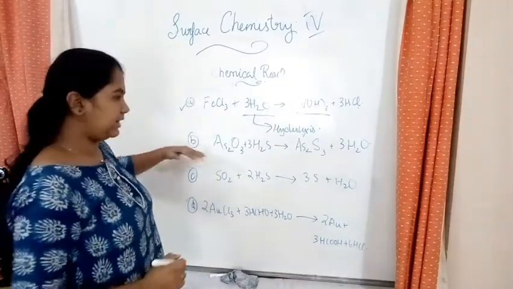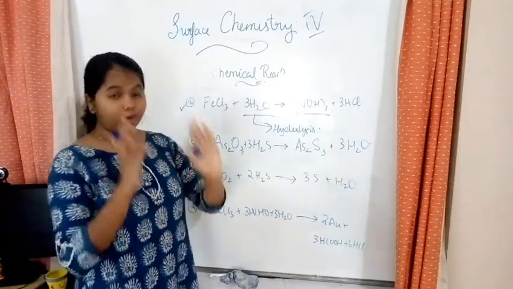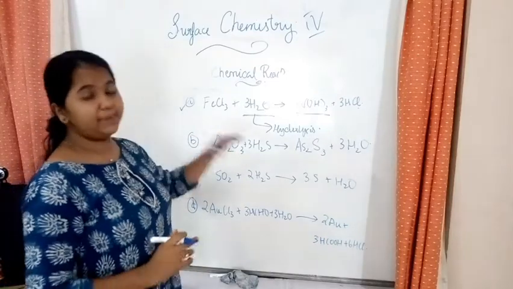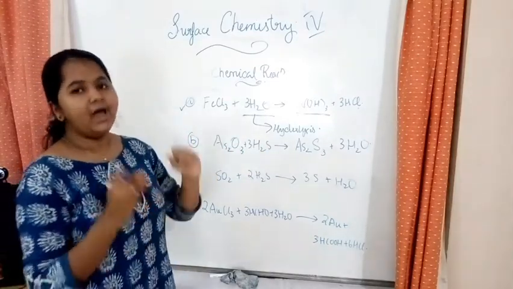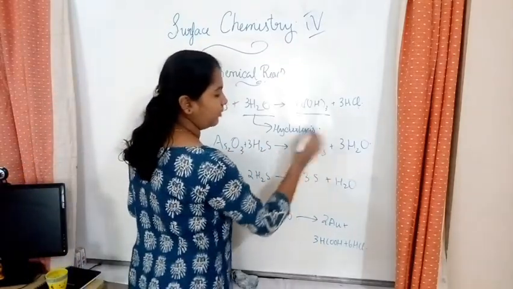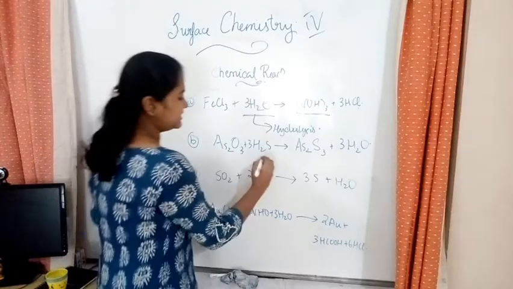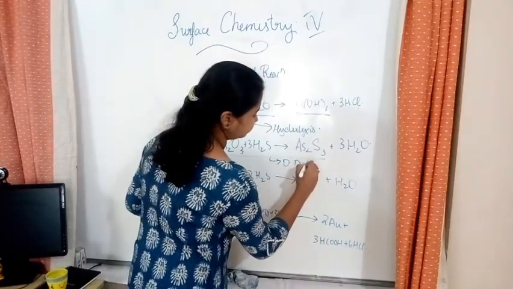The second equation is we have to obtain As2S3. For that, As2O3 plus 3H2S is added, and that would result in the formation of As2S3 plus 3H2O. This is a double displacement reaction.